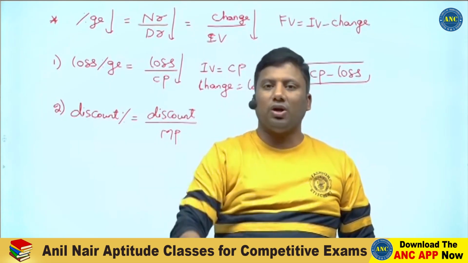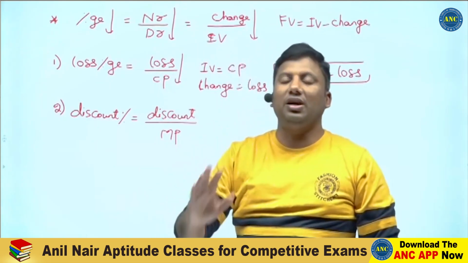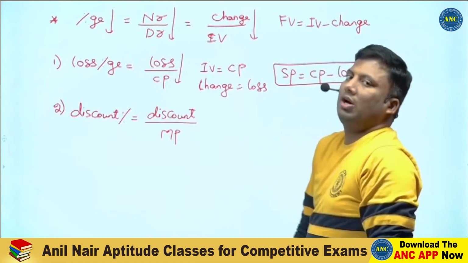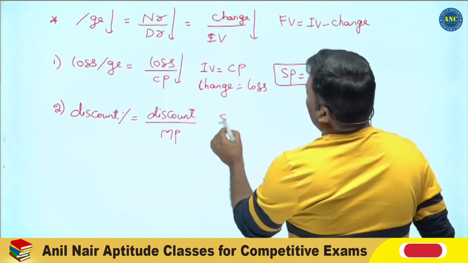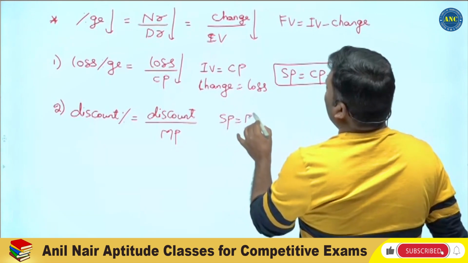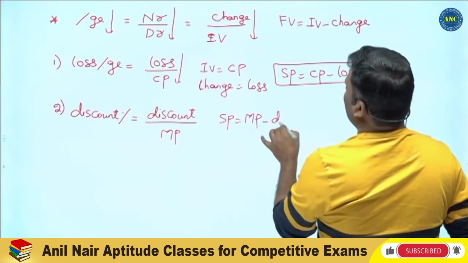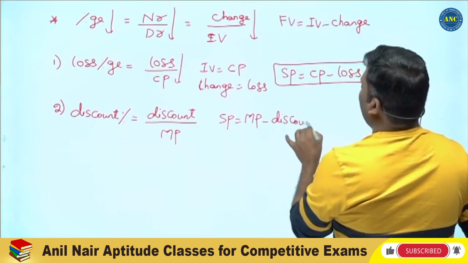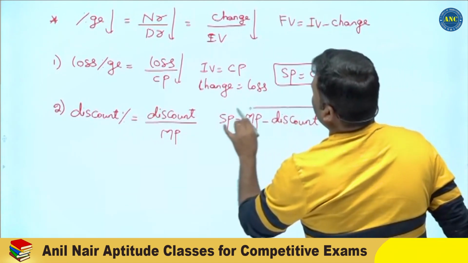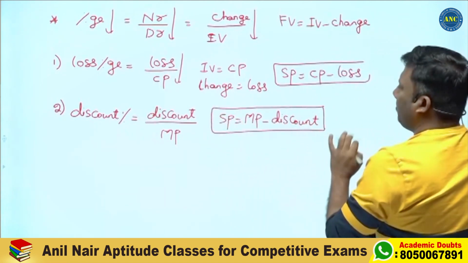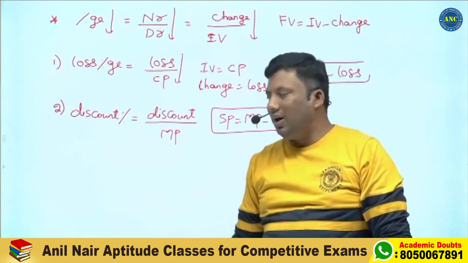My friend asked me to give that water bottle. I sold it at 15 rupees to respect the friendship. So on the initial value, the markup, there is a discount. Selling price is marked price minus discount.